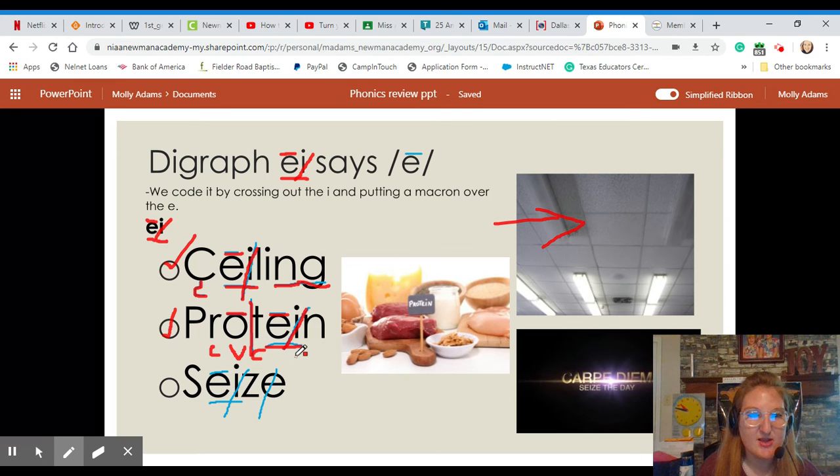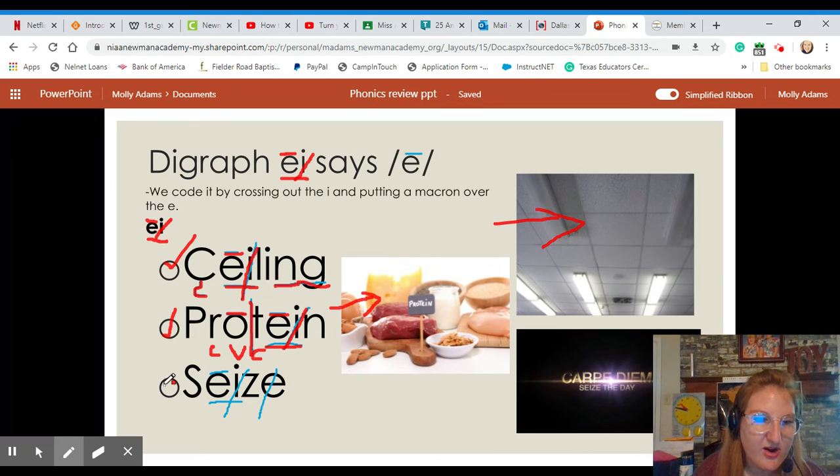If you clap it, protein. Two vowels, and we have two syllables, just like two beats in music. If you look over here, protein is what our body needs to grow big and strong. You can get protein from meats and nuts and some fruits. Eat lots and lots of proteins so that your muscles can grow big and strong.